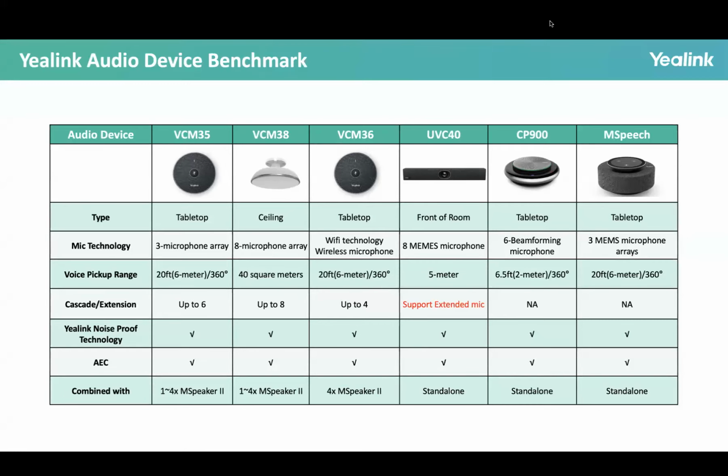The CP900 and MSpeech differ from the others in that they come with both speaker and mic. So let's say you have a 2 to 6 meter range zone, usually a 6-pax meeting room. For those situations, you can use these two microphone slash speakers.